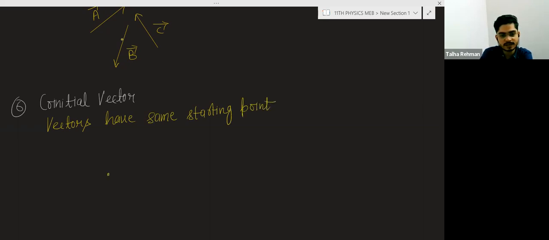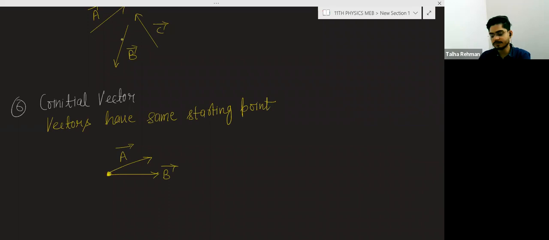So these vectors are like this. Suppose here is a vector a, and here is another vector b. Both a and b vectors are co-initial vectors because they have the same starting point.